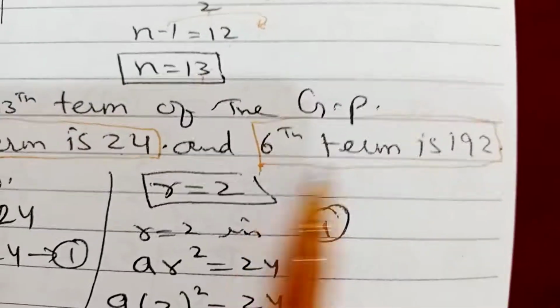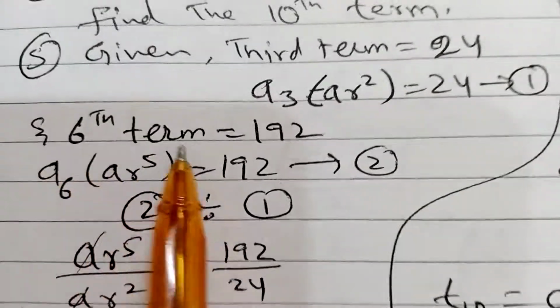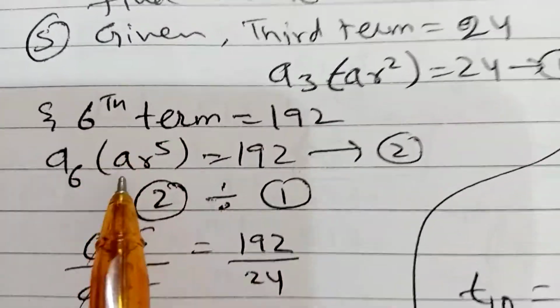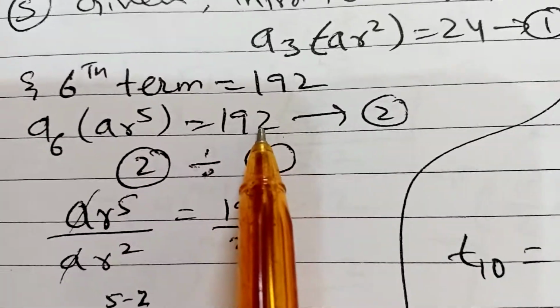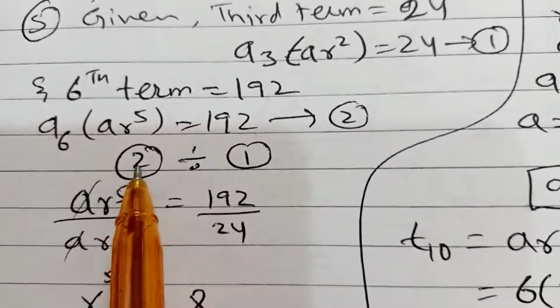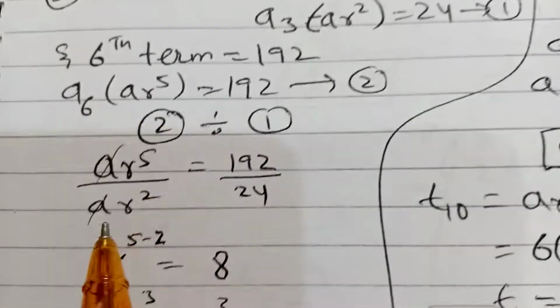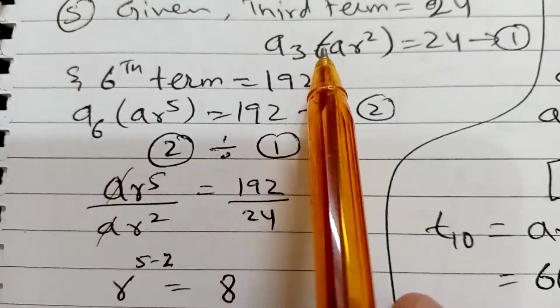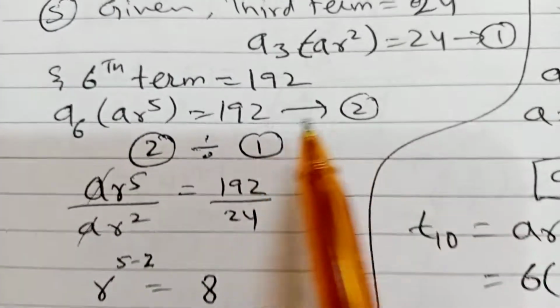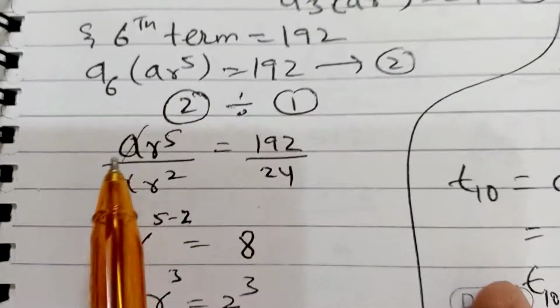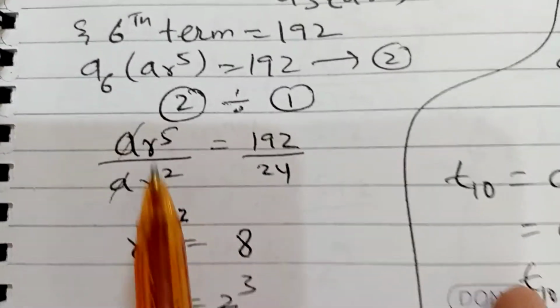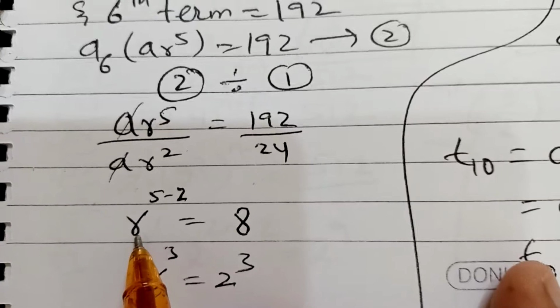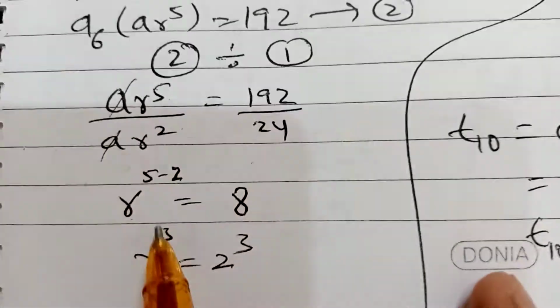Next, given sixth term is 192. Sixth term is equal to 192 means a r^5 is equal to 192. Second equation. Divide second equation by first equation. a r^5 by a r^2 is equal to 192 by 24. a, a cancel. a^m by a^n is a power of m minus n.